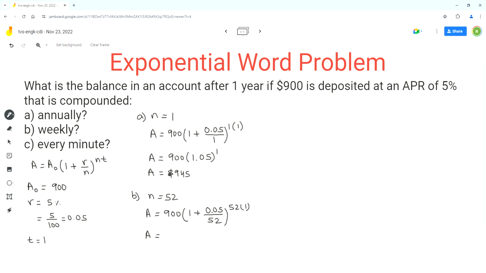Now we can simplify this expression. So we'll start by simplifying the terms in the parentheses.